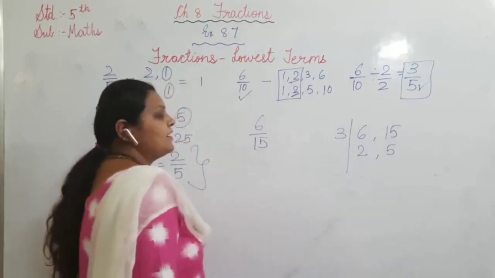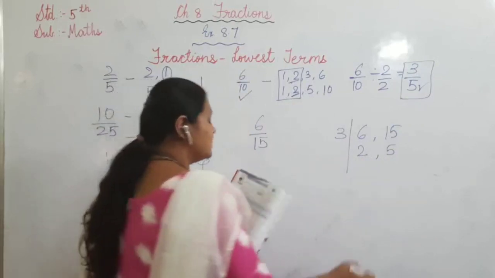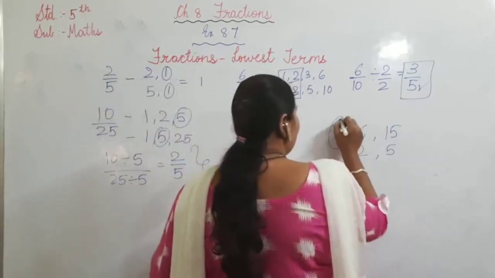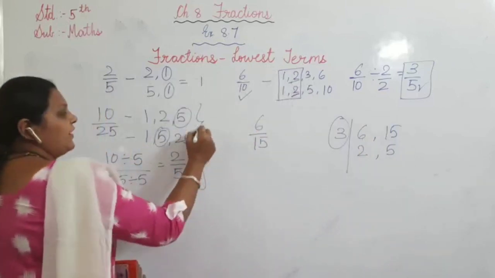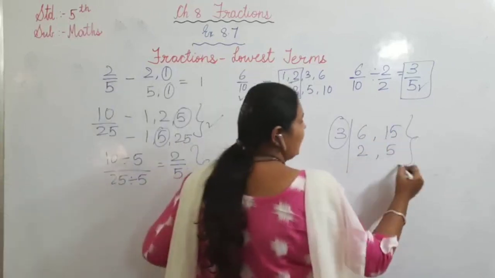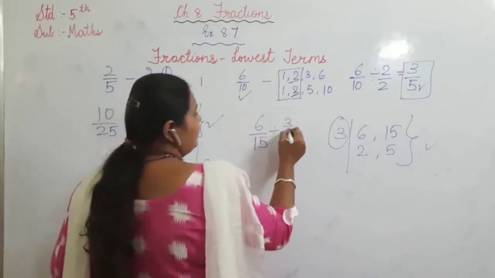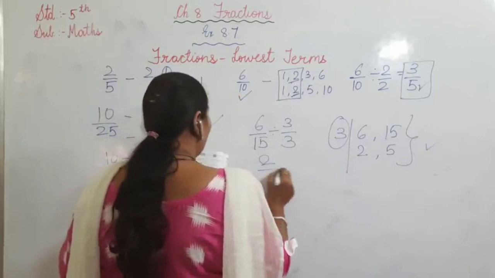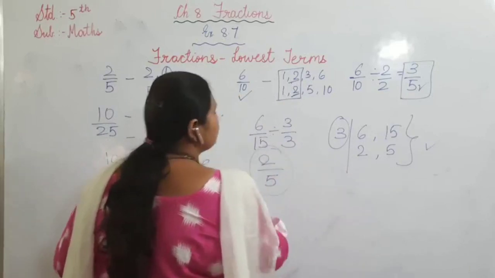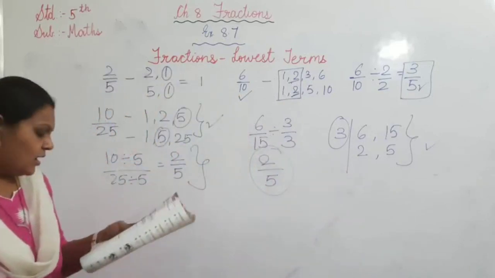Further we cannot divide with the same number. So HCF is 3 only. Either you write the factors or you can find out the HCF like this. So this number will be divided by 3. So 2 upon 5 is the lowest term of 6 upon 15.